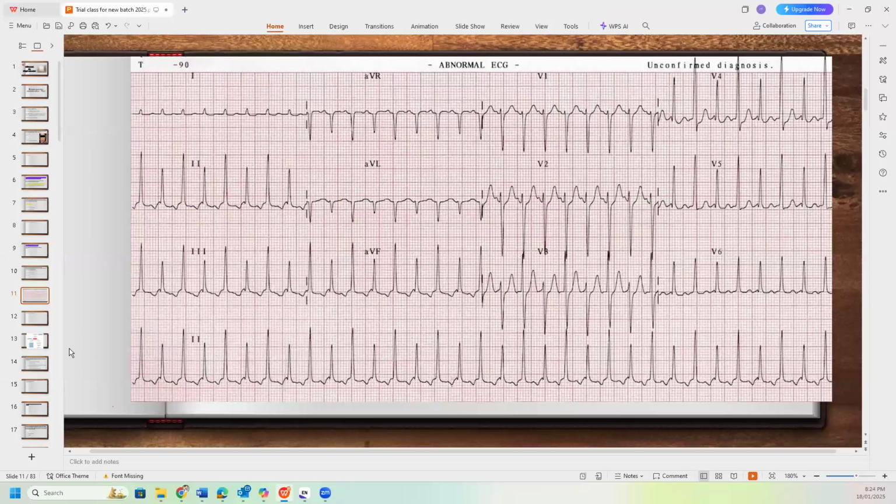He is having palpitations and breathlessness. So we have done an ECG. The ECG shows a regular rate, narrow QRS complexes with no P wave, or the P wave I can see superimposed on the T complexes. So this is supraventricular tachycardia. Very good. This is supraventricular tachycardia.